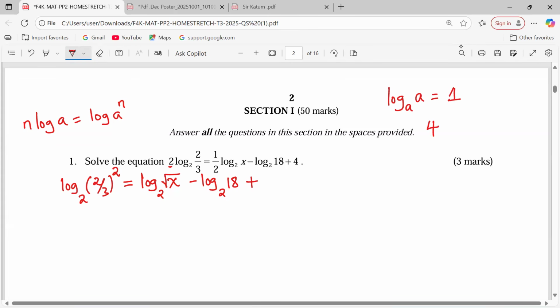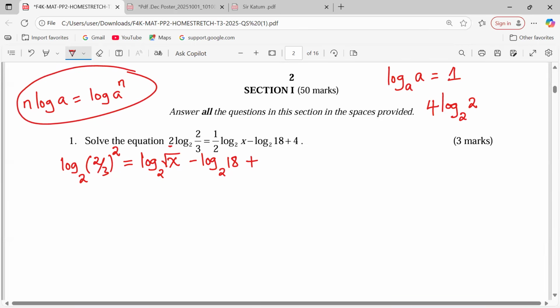So 4 times the log of 2 to base 2. You see the log of 2 to base 2 has a value equivalent to 1. Therefore, the value of 4 is not tampered with. Then we can apply the law we were trying to apply and have the log to base 2 of 2 power 4 that way.